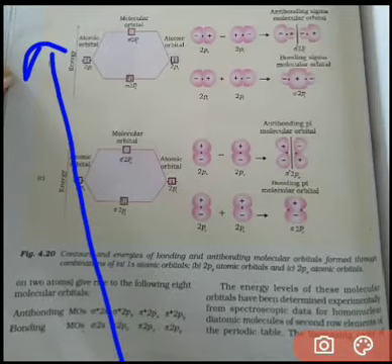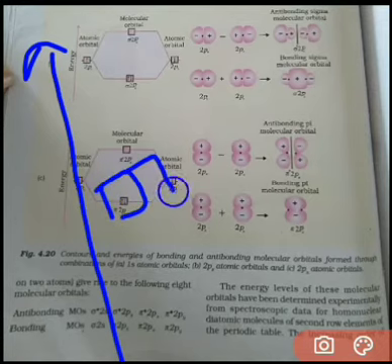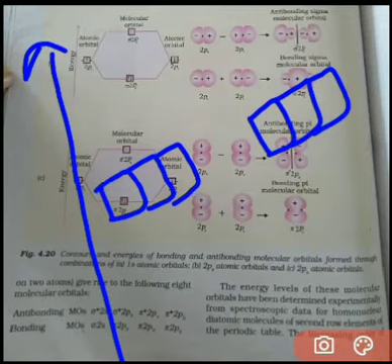For the p orbital, you can see here, 2p of one oxygen atom and 2p of another oxygen atom combine together, and here there will be a change. That is, for the bonding molecular orbital, the sigma 2pz will be of lower energy. Let me draw it clearly. So sigma 2pz will be here, and the 2px and 2py will form pi molecular orbitals.